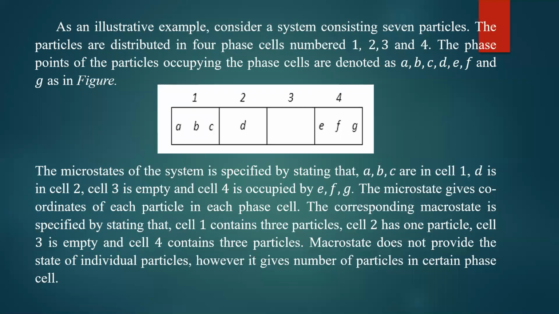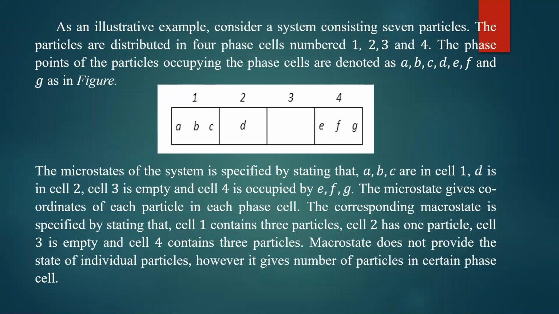If you ask which cell particle D is in, it is in the second cell. That is microstate; we know specifically D is in phase cell 2. Suppose you don't know which cell particle D is in, but we know phase cell 2 consists of 1 particle, without knowing which particle. That is called macrostate.